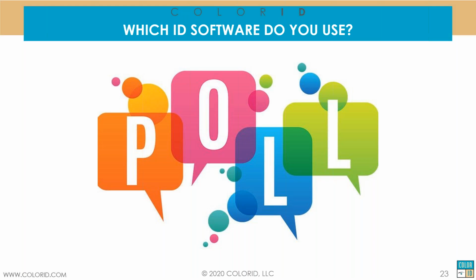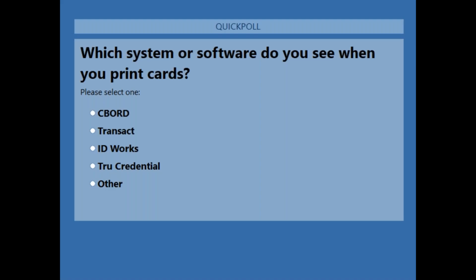Awesome. All righty. Let's see what everyone has here. Which system or software do you see when you print cards? CBORD, Transact, IDWorks, True Credential, other?